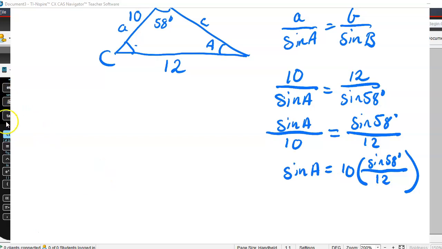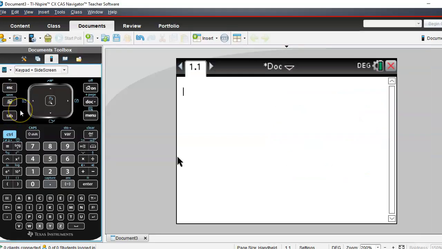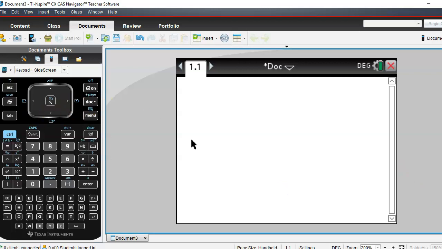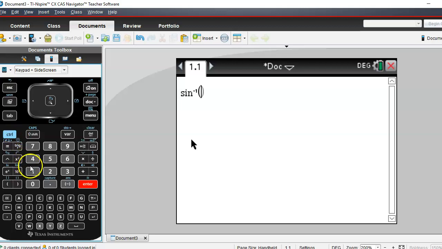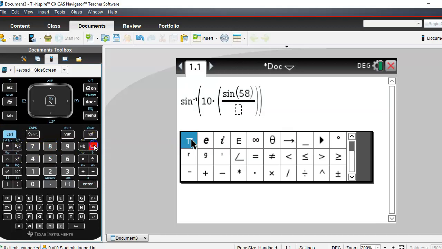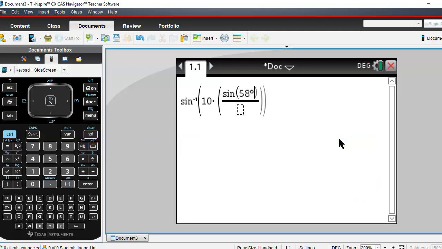Okay, so let's bring up my CAS calculator, and so inverse sine of 10 times, brackets, fraction, sine 58. I always put in my degrees as a nice little habit, even though I do have my CAS in degree mode, especially if you are doing Methods next year where you start using radians.